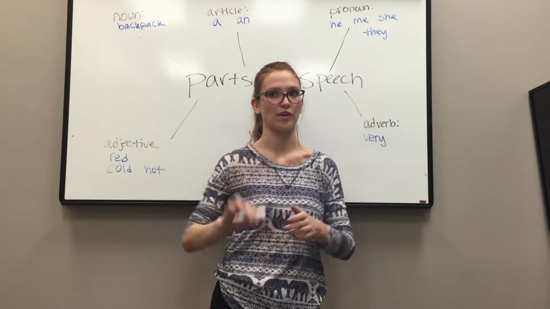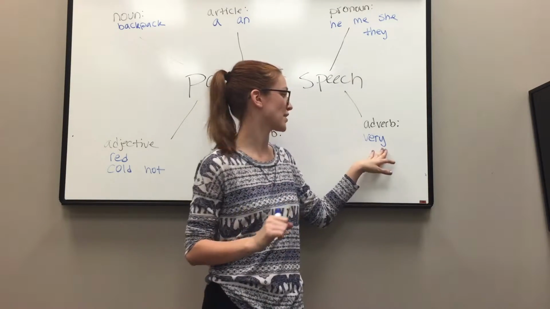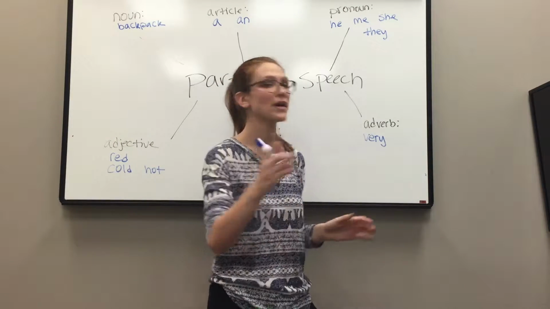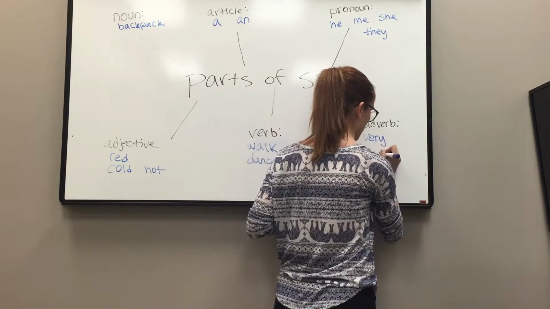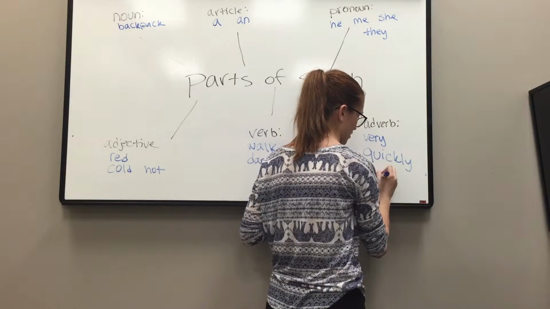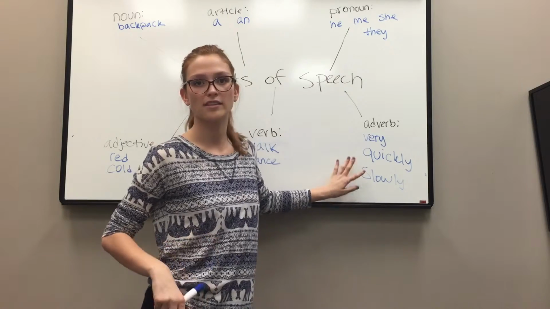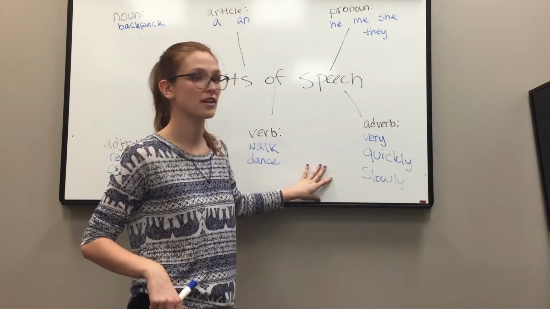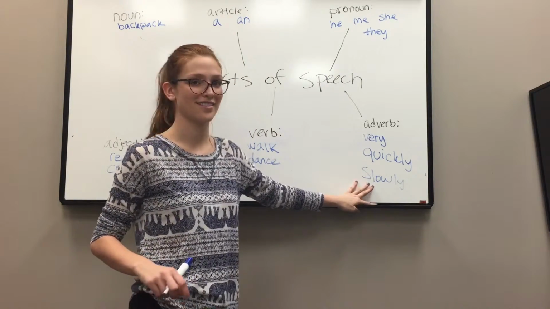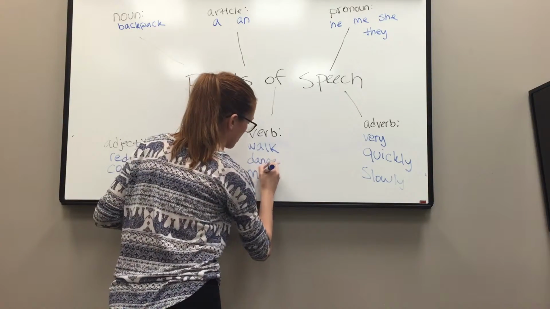That's a good hint that the word is an adverb. Not all adverbs end in ly, as we can see with very. Quickly. Good job. So we could also put slowly. We could say the snail moved slowly. Slowly describes moved. Right? Good job. And moved is a verb. Sure, we can write that one under there.